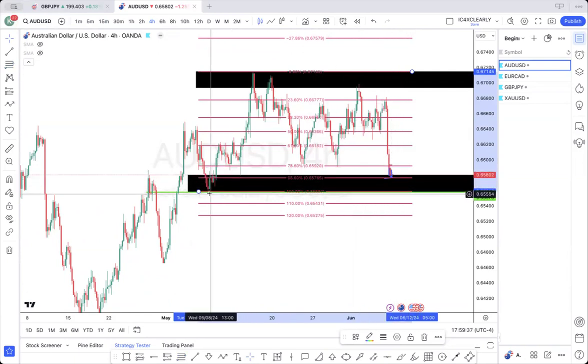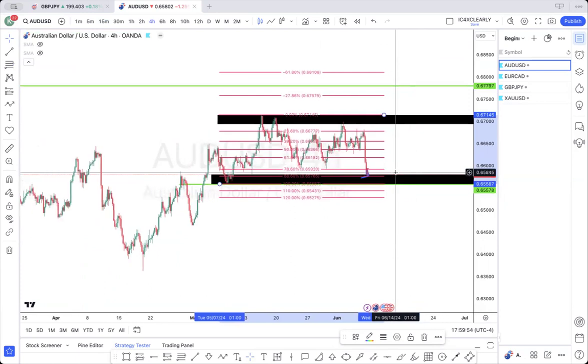So as long as price doesn't go below here, then we're looking for price to at least go back up to this high, or back up to this zone, pretty much, but to take out these highs and possibly to the negative 27. Does that make sense?